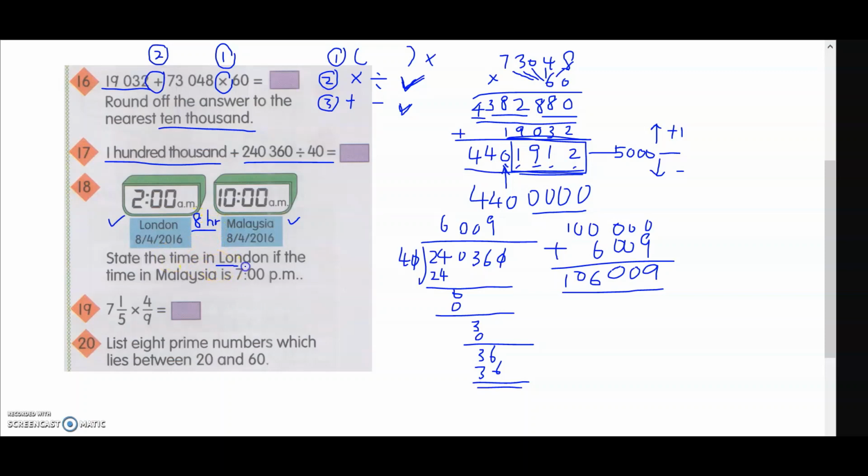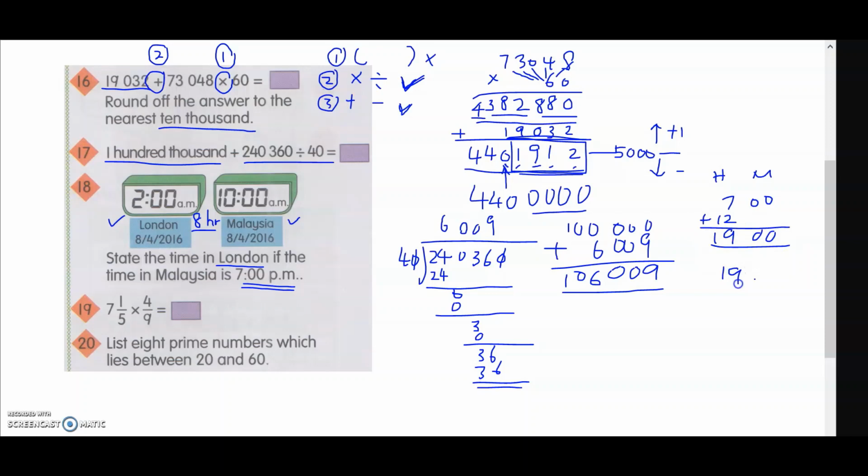State the time in London if the time in Malaysia is 7 p.m. So we are ahead. So to find the time in London, we need to minus. So 7 p.m. we can change to the 24-hour system. You just plus 12 to the hour. So you get 1900. So 1900 is the 24-hour system.